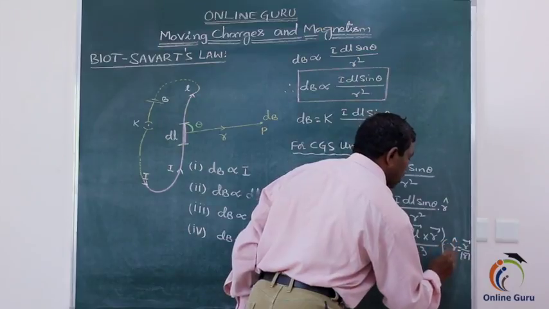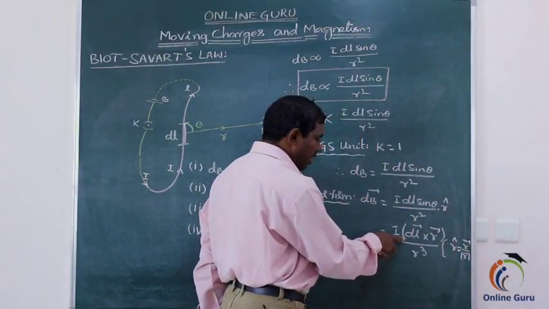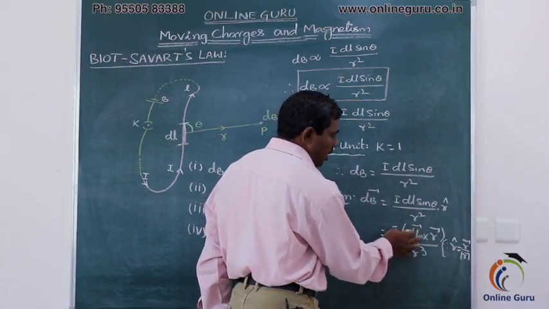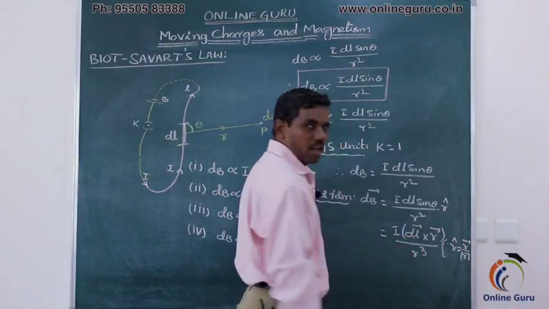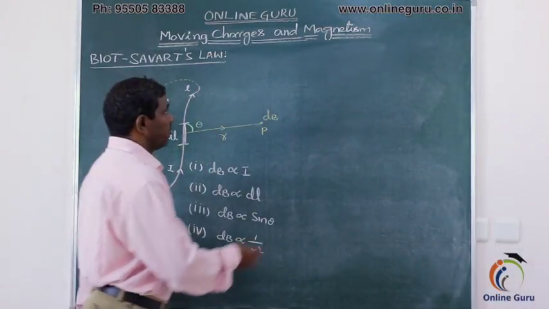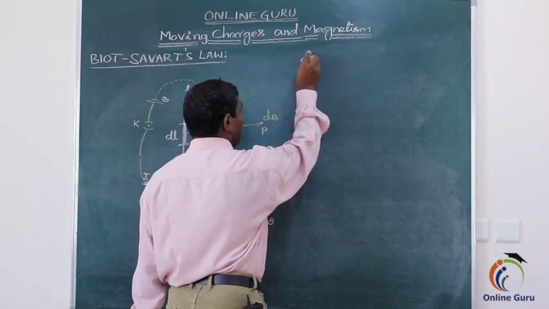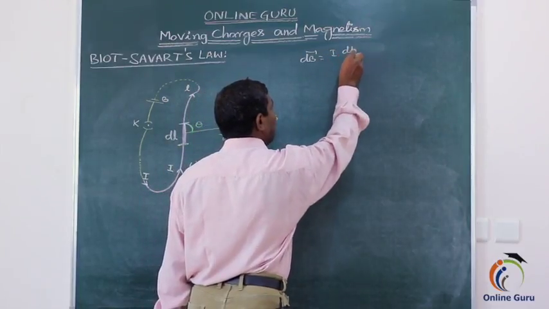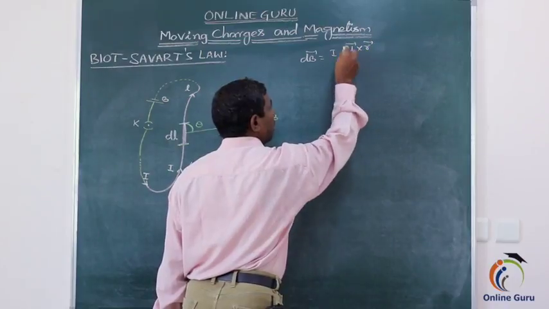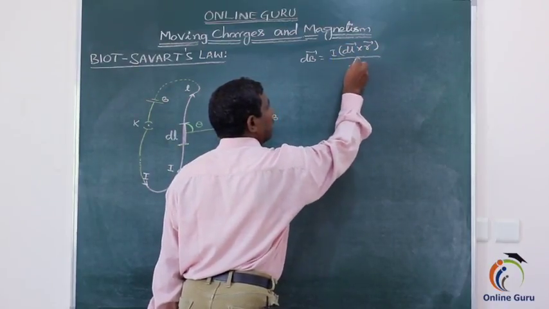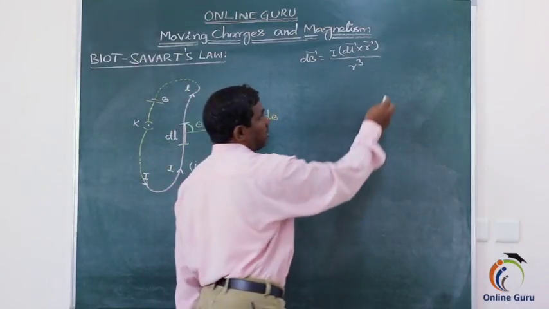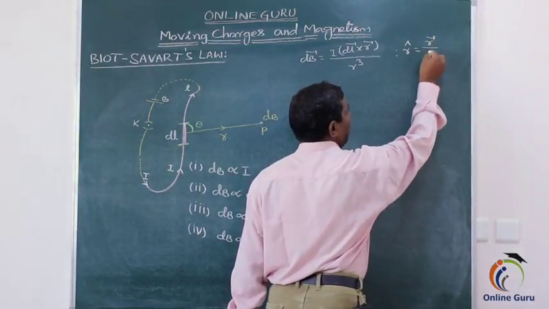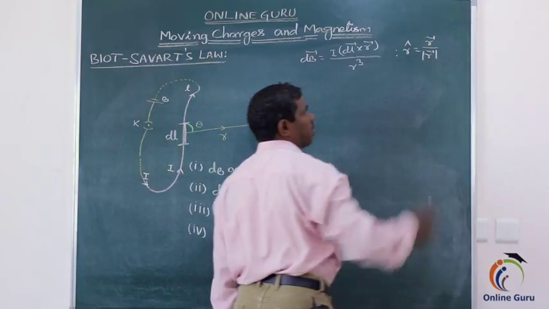Due to this, we can write another vector form for the magnetic induction in the CGS system: dB bar is equal to I into dl bar cross r bar divided by r cube, because r cap is equal to r bar by the magnitude of r bar.